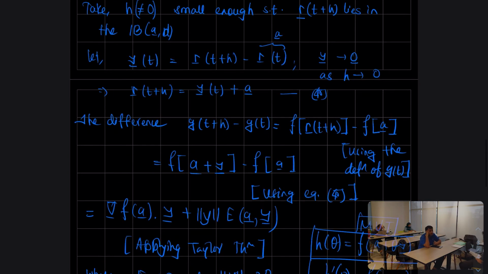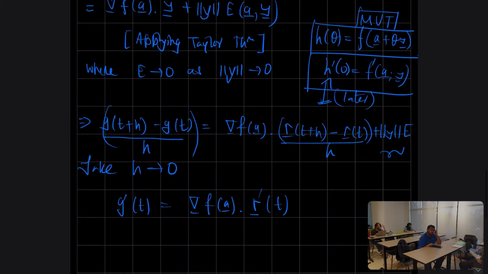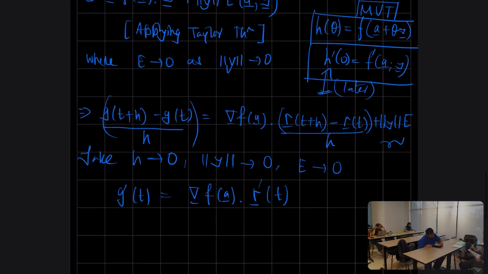Look at our equation call. As h tends to 0, y tends to 0. As y tends to 0, this term drops off. So we have plus or minus 1. As a result, norm of y also tends to 0, and as a result, e also tends to 0. Drop them and just find the results we are looking for.